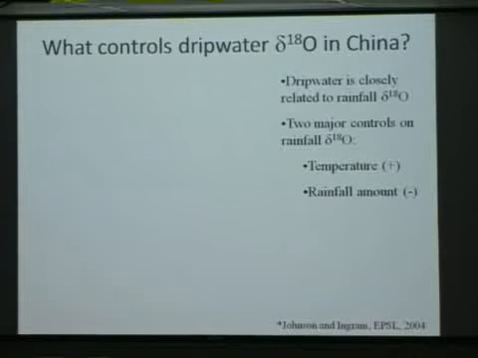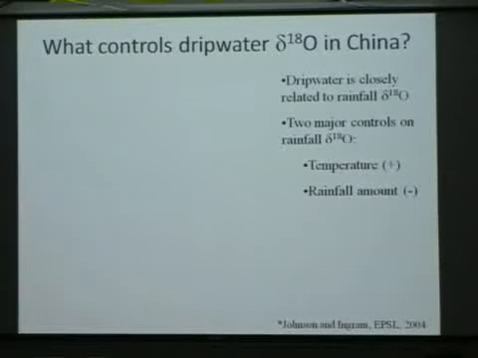And what can we learn from that? Well, first of all, the first step is that the drip water in the cave, in most cases, and we always check this by studying the modern cave systems, the drip water is essentially reflecting, in most cases, the annual average delta 18 of rainfall at a given location.